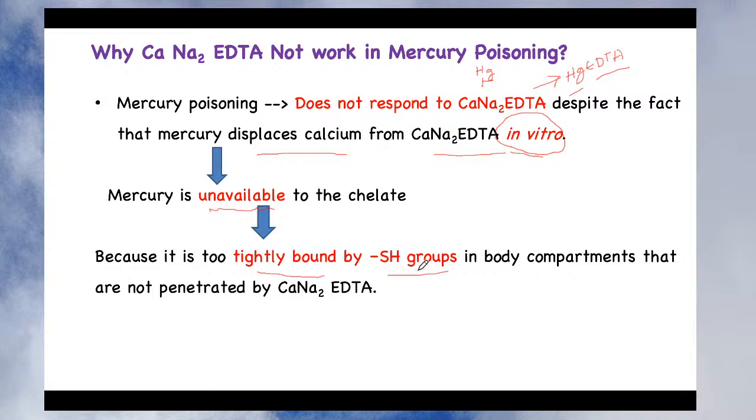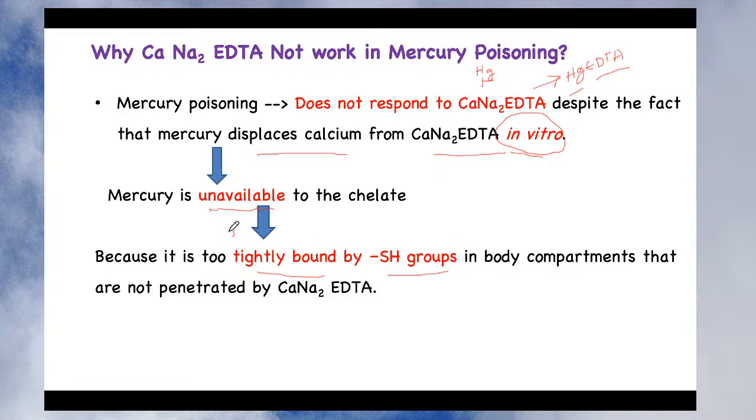Once this complex is formed, calcium disodium EDTA is not able to replace it. Since mercury has more affinity towards the SH group as compared to calcium disodium EDTA, it remains bound to the SH group in our body compartment. So this is one reason.